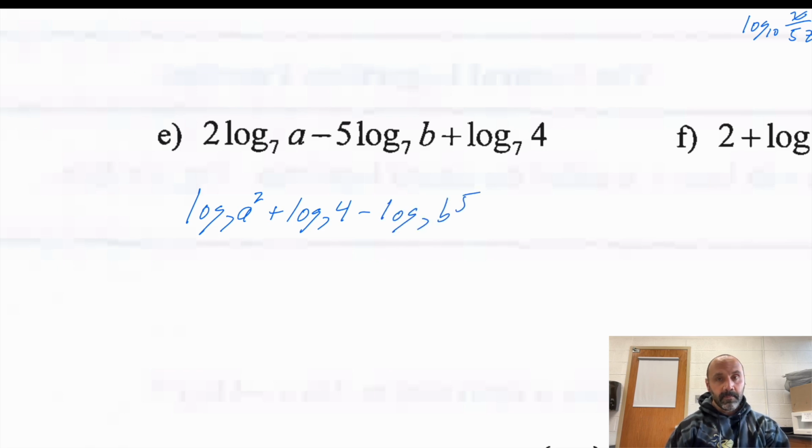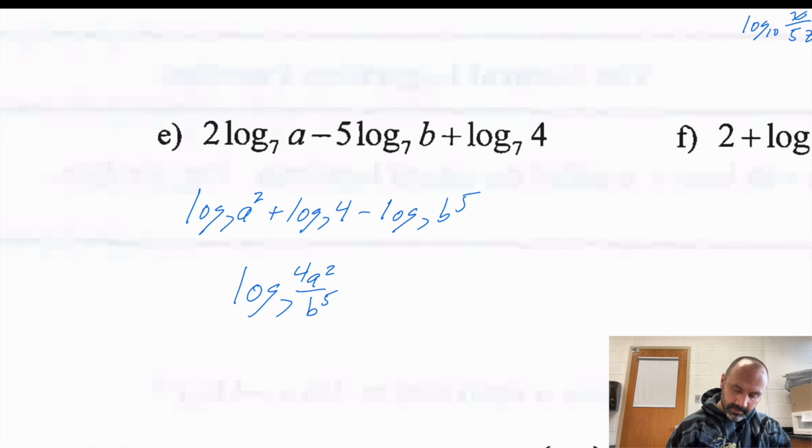Take care of that power rule as well. And so now I'm adding the two things first and then subtracting the last thing. So the a squared and 4 are going to go on top, and the b to the fifth is going to go on the bottom. I get log base 7 of 4a squared over b to the fifth.